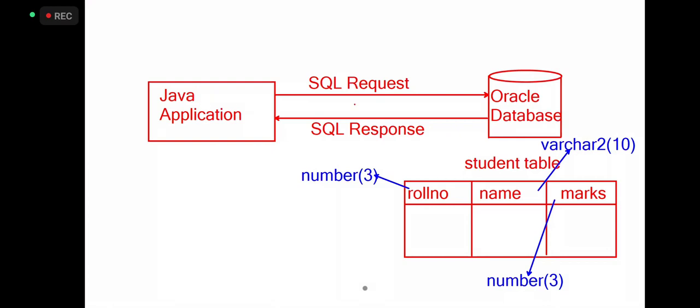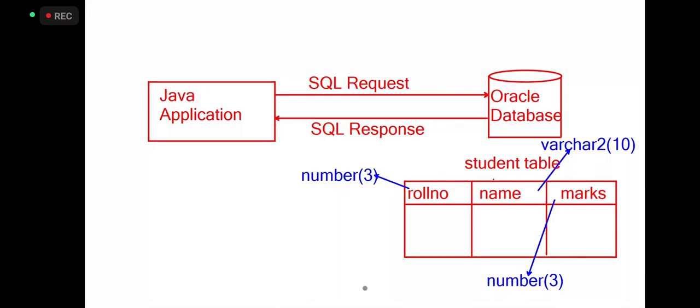SQL code is passed to the database and executed on the database side, under the database environment. Then the table is created and the response comes. If the table is not created, an exception comes. Every method will throw SQL exception further. Everywhere SQL exception, because the problem is on the database side.